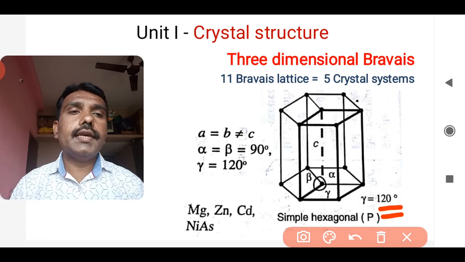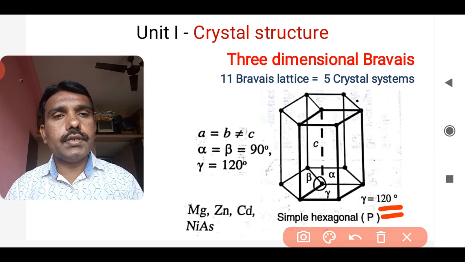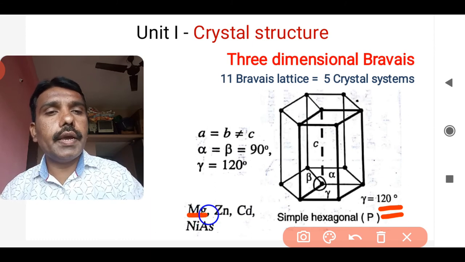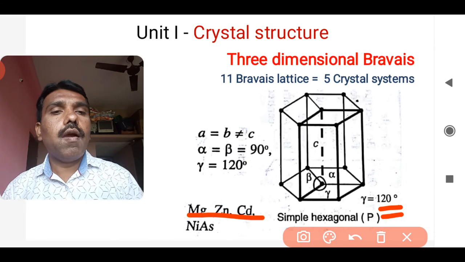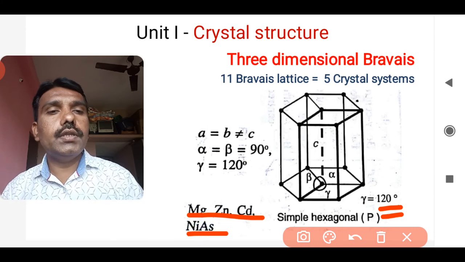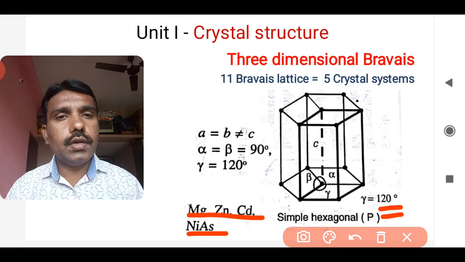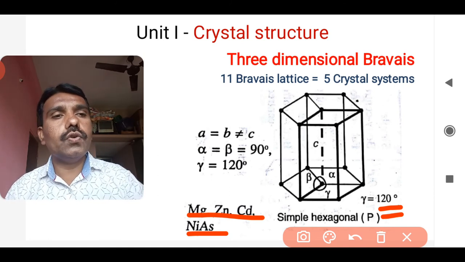Examples of such Bravais lattices are Mg, Zn, Cd and NiAs, that is magnesium, zinc, cadmium and nickel arsenide, for such a three-dimensional Bravais lattice.